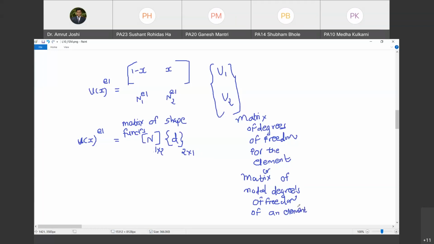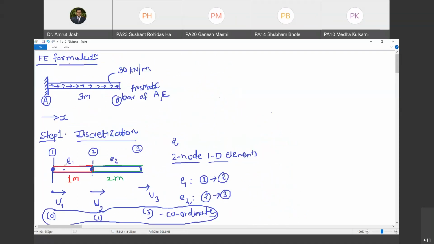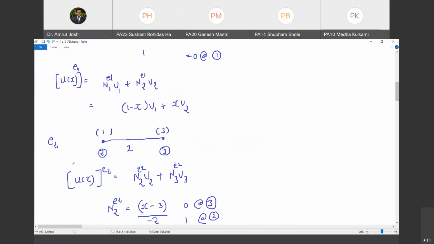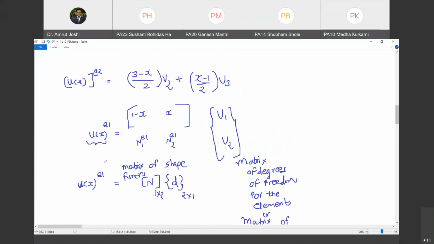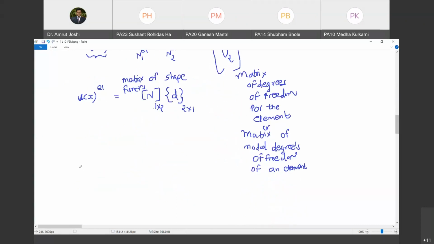For the element for which you are writing the displacement field, what are its degrees of freedom? Only at nodes. We have considered degrees of freedom only at nodes. u1 and u2 are degrees of freedom only at the start and end node of element e1. We are not bothered about the x directional displacement anywhere else. So here we are relating the displacement field, which talks about displacement at infinite points, to displacement in the x direction at finite points. This is a very crucial point I am trying to make.